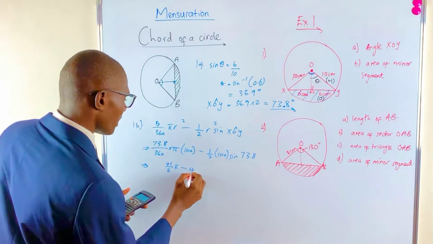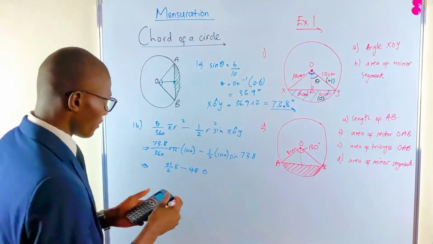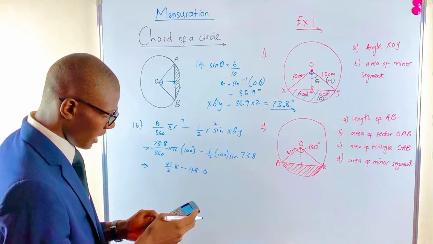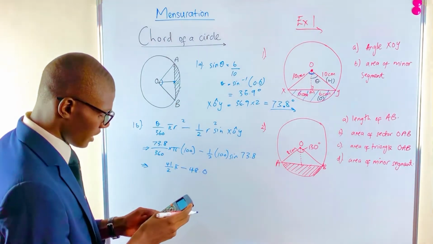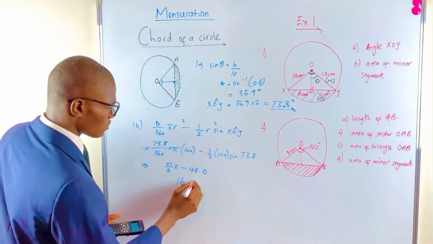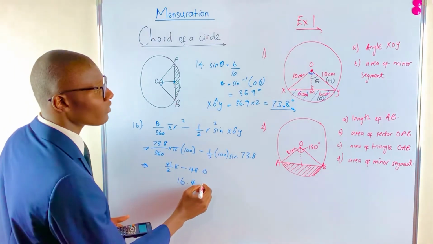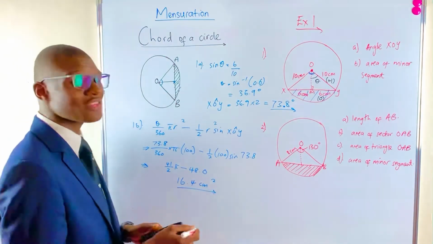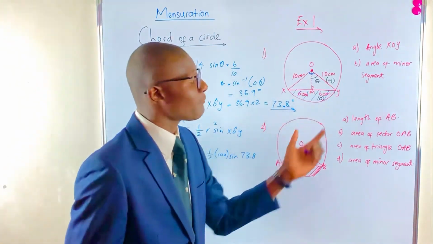That's minus 48.0, that will give us 16.4 square centimeters. This would be the area of this minor segment.